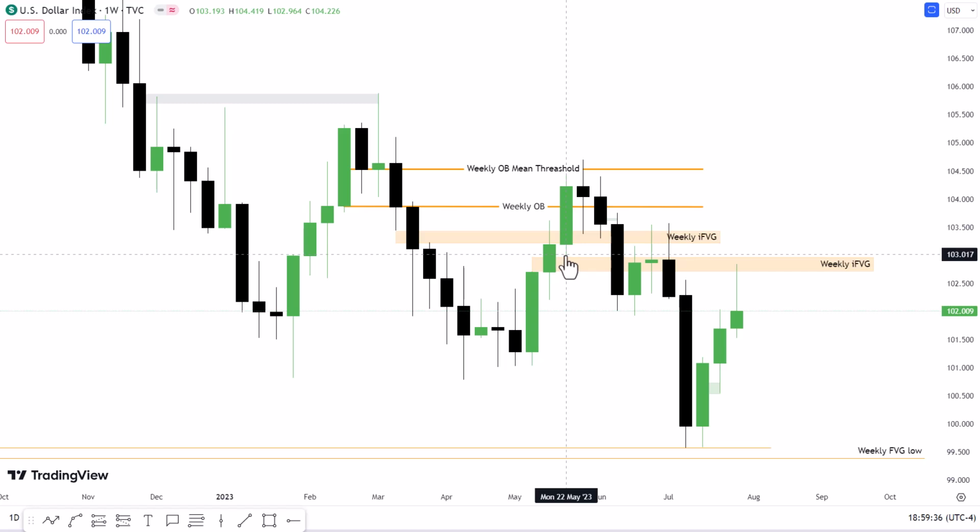Between the low of this candle and the high of this candle there is a space. The low of this candle does not overlap with the high of this candle, which means there is a gap here. That is an imbalance. This imbalance is called a fair value gap. It's very important in price action. We're going to go into details, but not today.